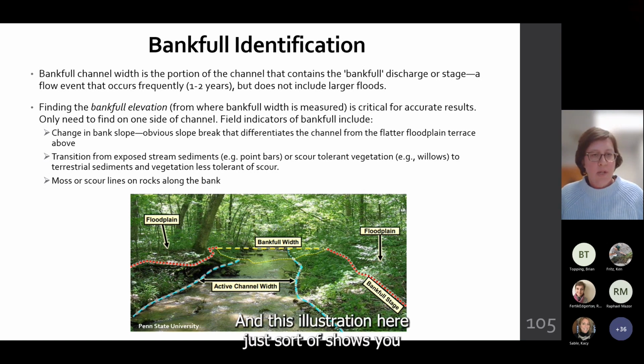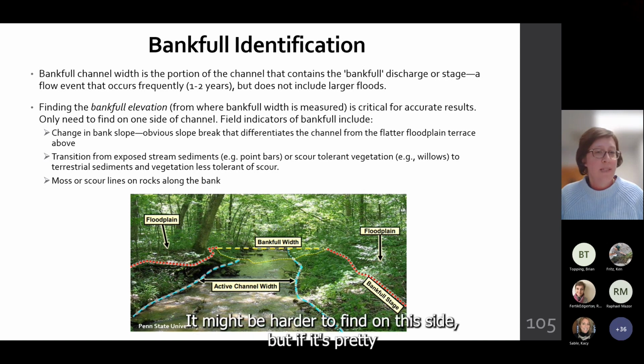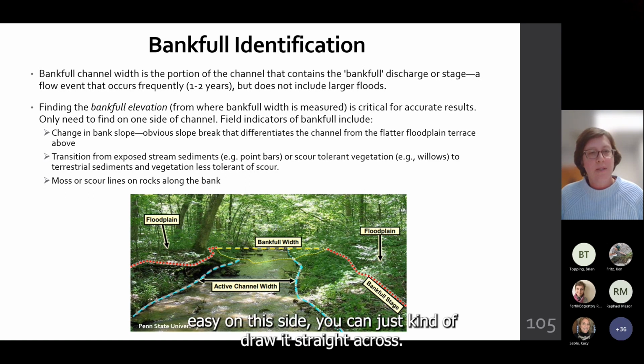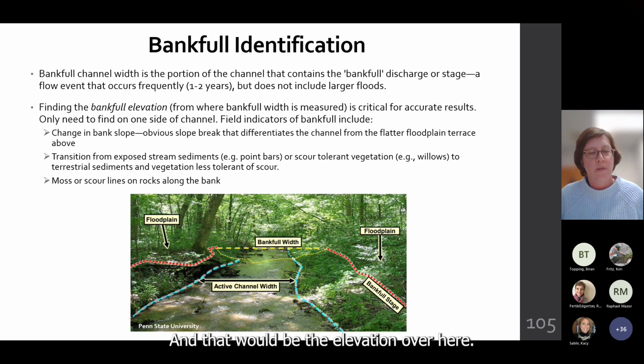And this illustration here just shows you that here is a pretty drastic slope break. Could be your bankfull indicator here. It might be harder to find on this side, but if it's pretty easy on this side, you can just draw it straight across, and that would be your elevation over here. You're not just measuring the active channel width. It's not the same thing as the bankfull width.